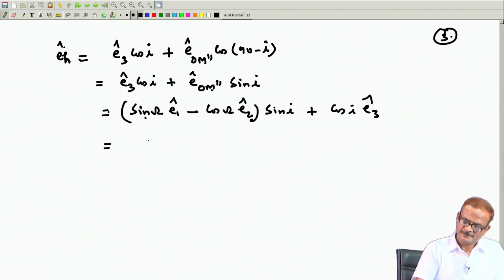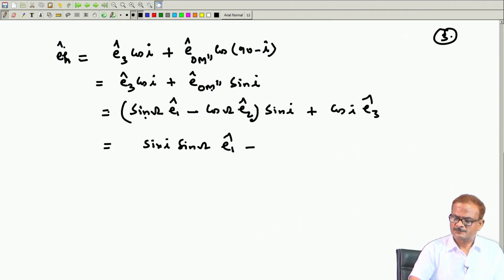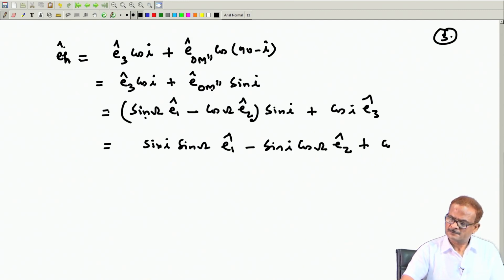So, we expand it: sin I times sin capital omega E 1 cap minus sin I times cos capital omega E 2 cap and cos I times E 3 cap.